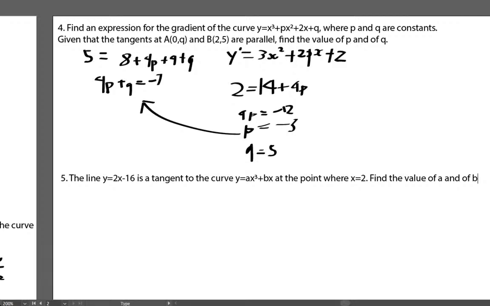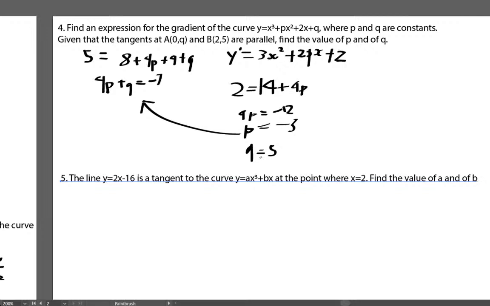First thing you want to know: a tangent line crosses the function, it's a true fact. So when x equals 2, the tangent line will cross the curve, but it crosses only at one point, so it basically just touches it. You can solve it using this principle: the y of one must equal the y of the second when x equals 2.